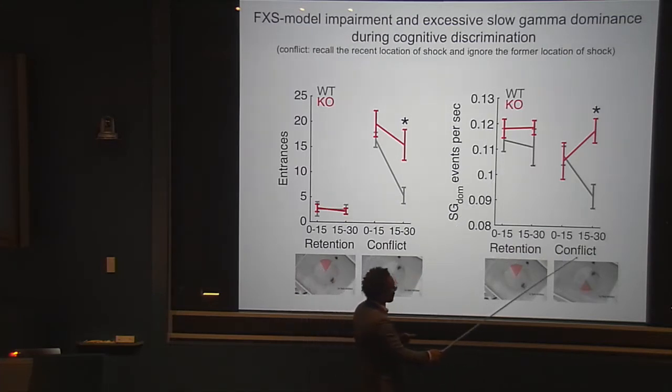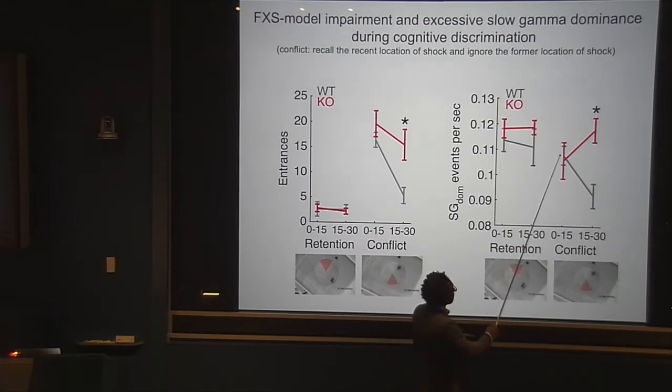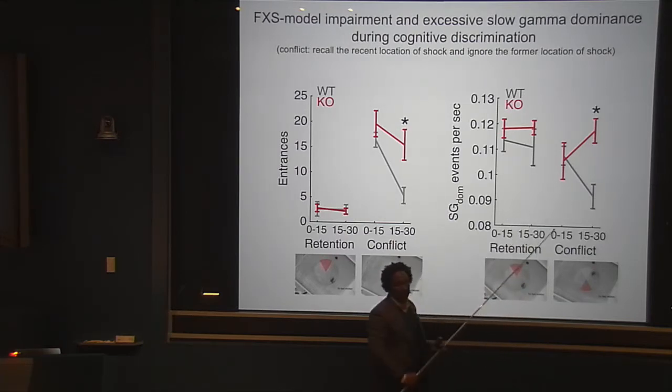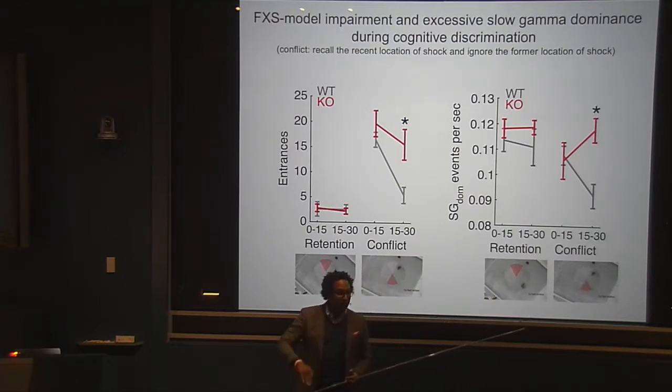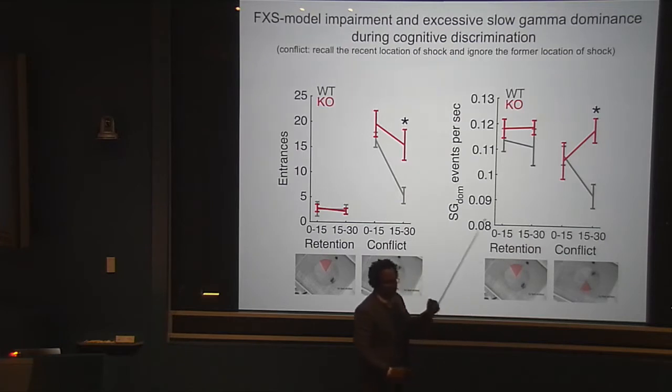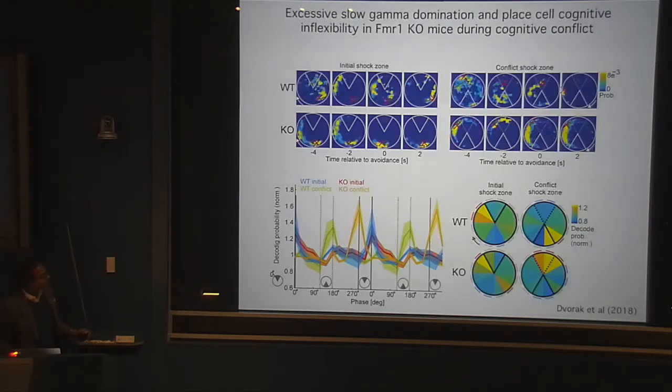But on the conflict test, the wild type animals suppress this, whereas the Fragile X model animals, if anything, increase this, but they certainly are unable to regulate this. I won't tell you the mechanism for this regulation. It's something we're actively working on in the laboratory, but there's a synchronous event from the entorhinal cortex that is regulating that, and is something that we can actually target and influence.